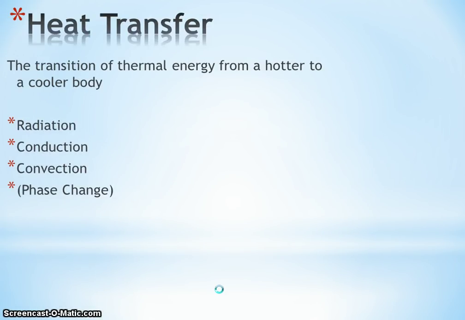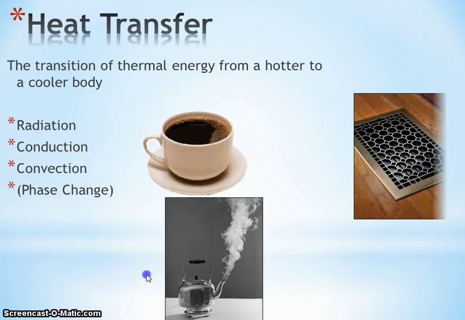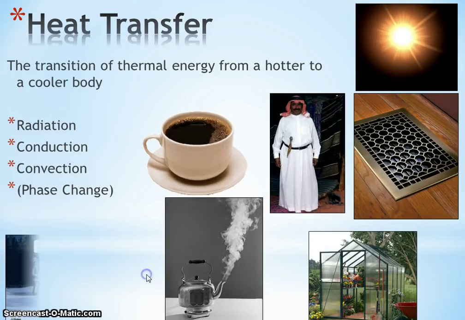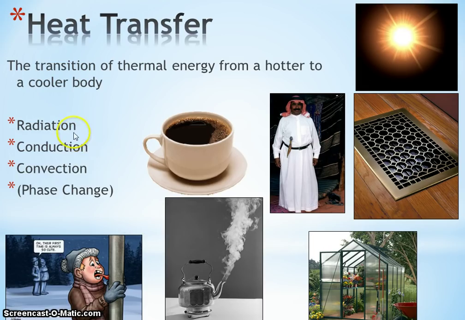There's a couple different ways that heat can transfer, and that's radiation, conduction, and convection. Here are some examples of different ways that heat transfers. Radiation is when something is giving off heat. So if you take your hand and you put it about half an inch away from your partner sitting next to you, you can actually feel the heat that's coming off of their body.